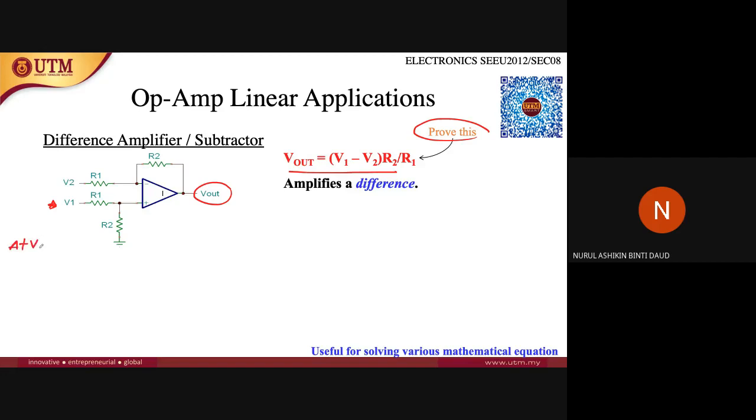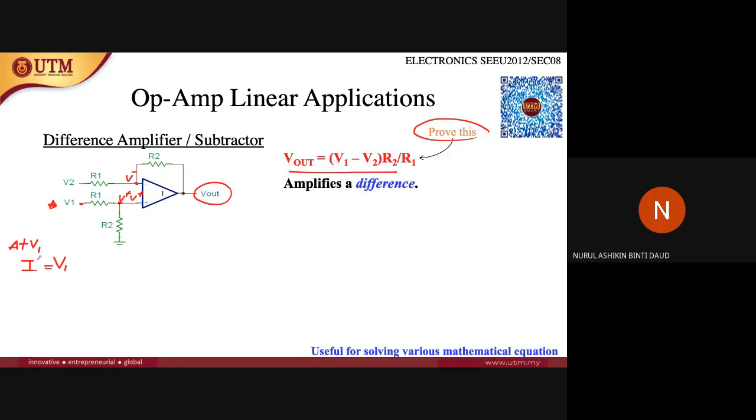At V1, the current I equals the potential difference V1 minus this point here. This is the non-inverting terminal, so it is V positive, and this point is also V positive. At this point, since this is the inverting terminal, it is V minus. First, let's look at the V1 route at the non-inverting terminal.